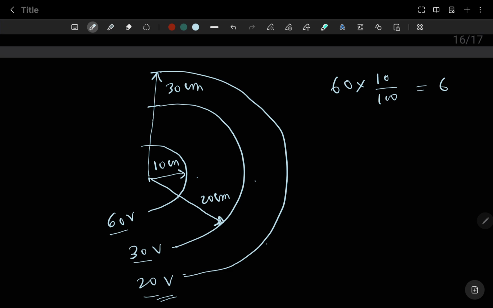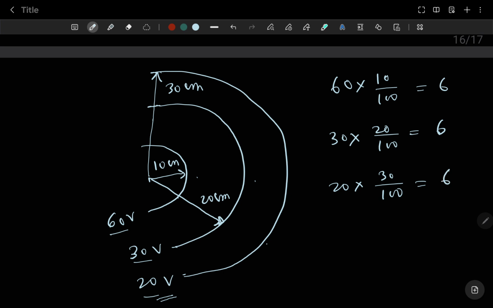In the second case, the distance becomes 20 and voltage becomes 30. Again it's 6. The third case, it is 20 into 30 by 100. So it is 6 again.